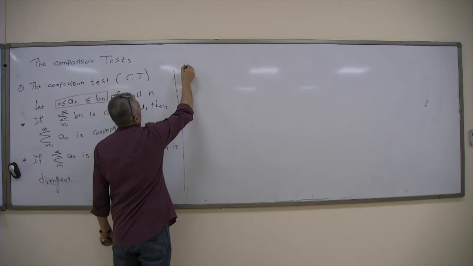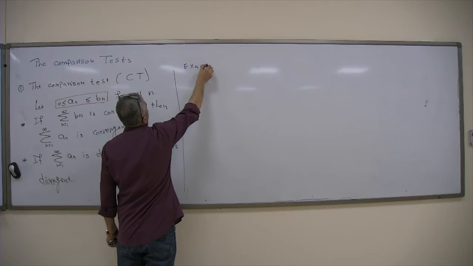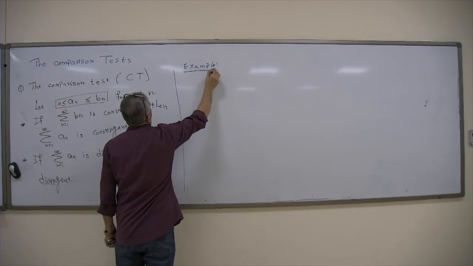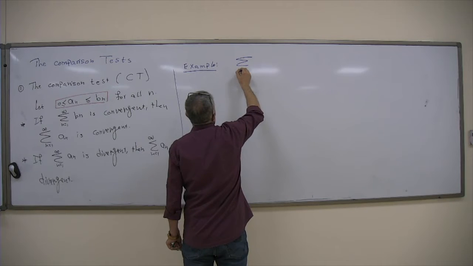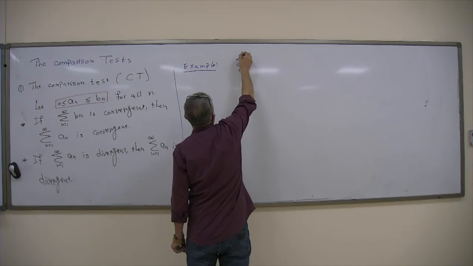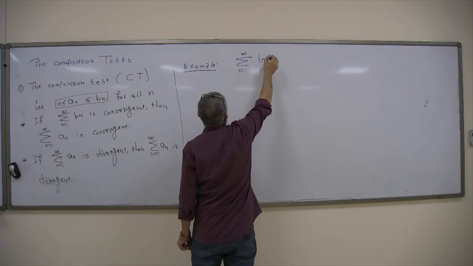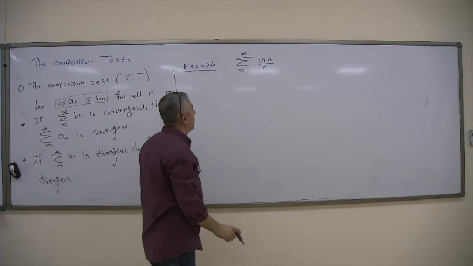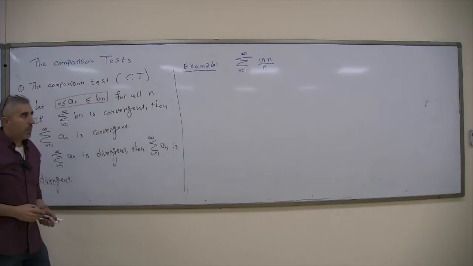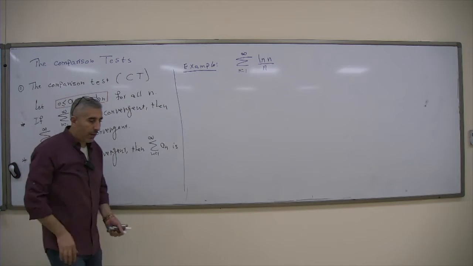Here is an example. If I ask you about this series, summation n from 1 to infinity, ln n over n, is this series convergent or divergent?